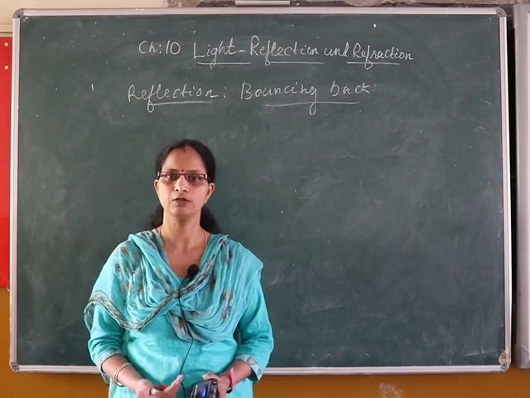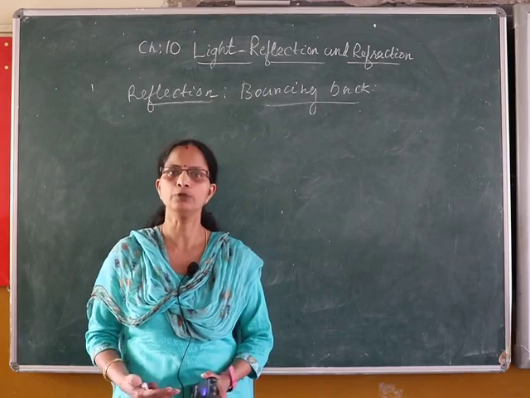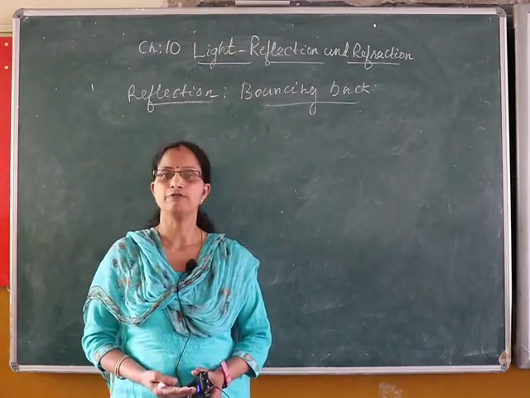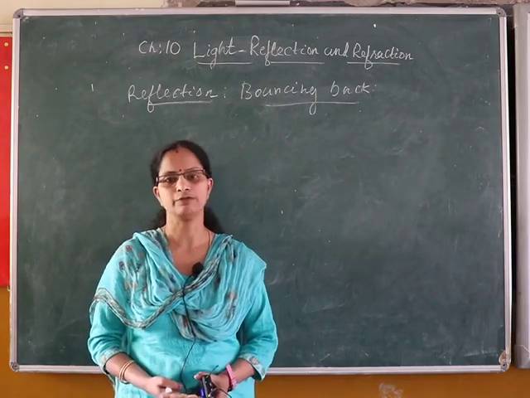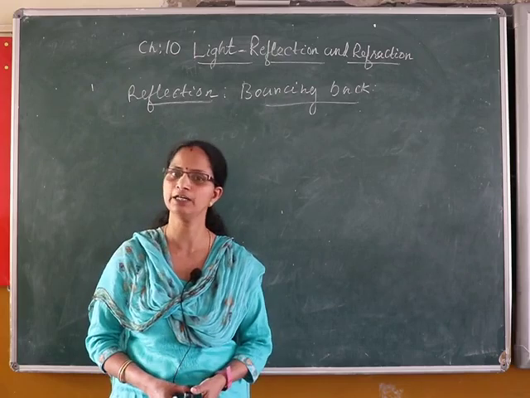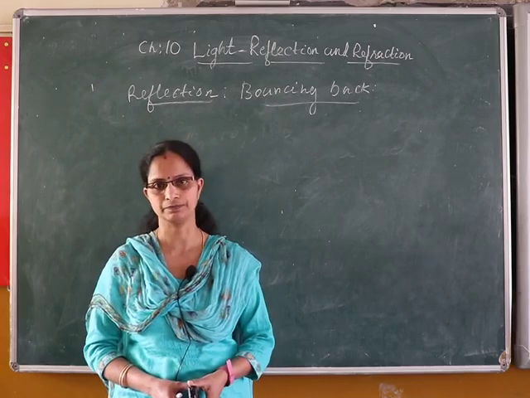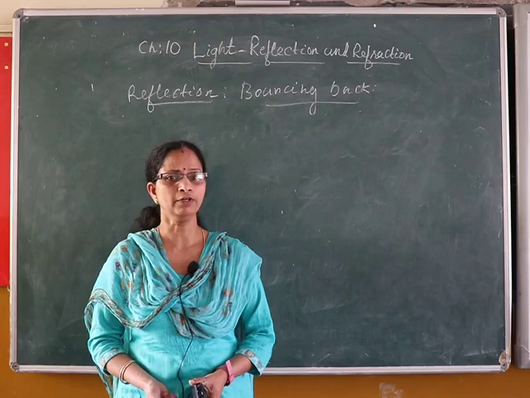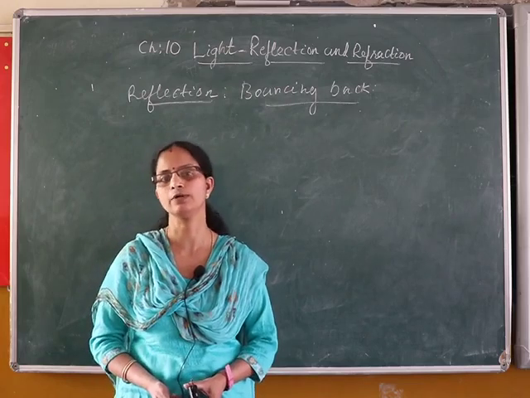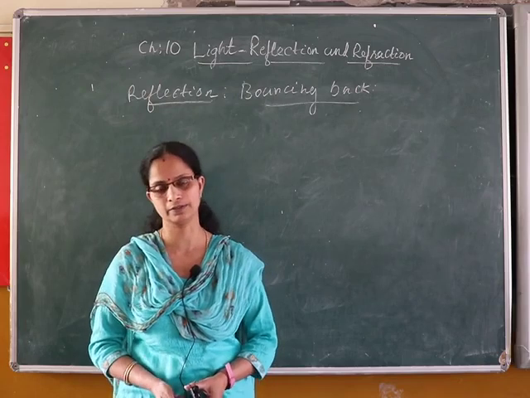According to the reflecting surface, two types of mirrors are there. One type is where the reflecting surface is a plane surface, which is known as a plane mirror, about which we have studied in our previous classes. Whereas the other one, where the reflecting surface is a curved surface, is known as a spherical mirror.